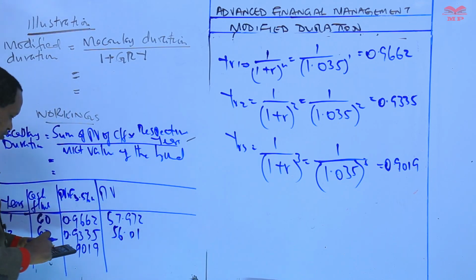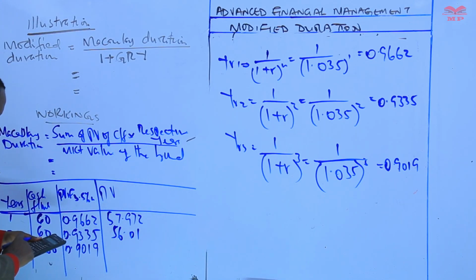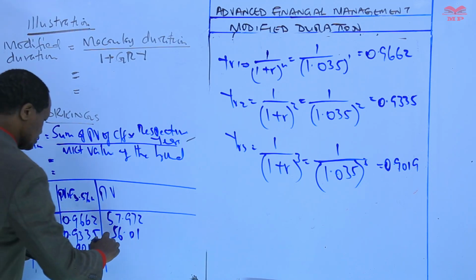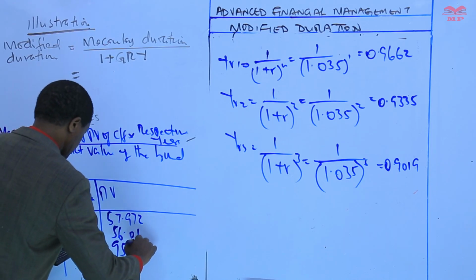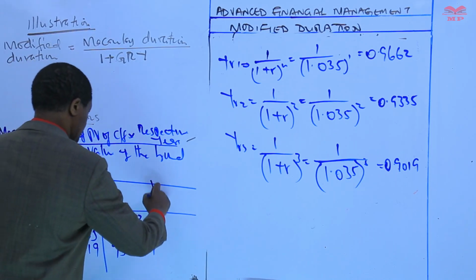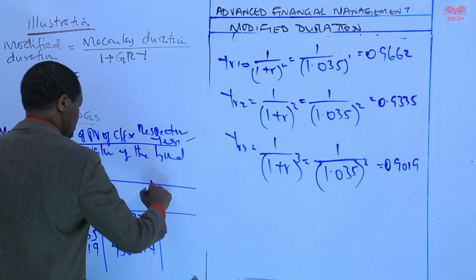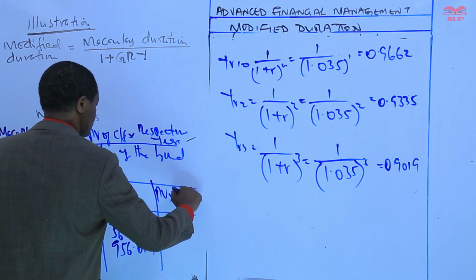And lastly, I have 1060 times 0.9019, which is 956.014.